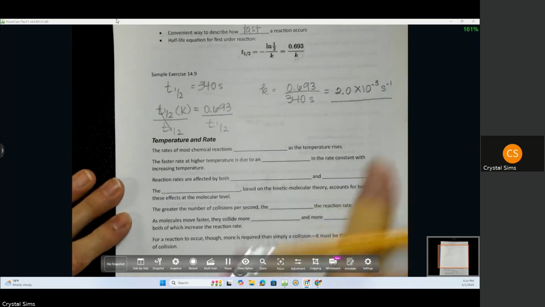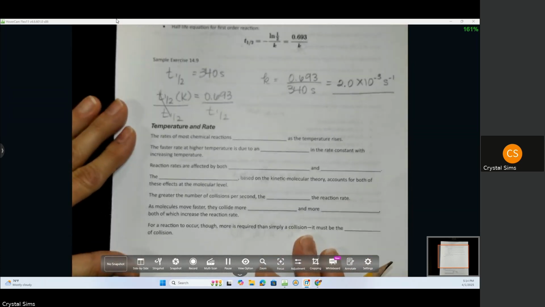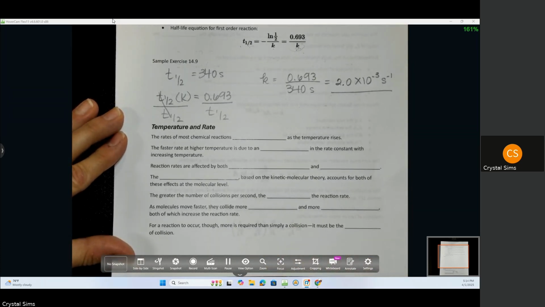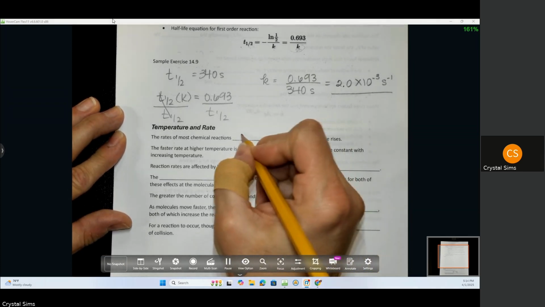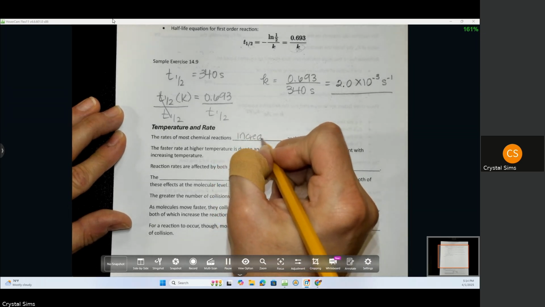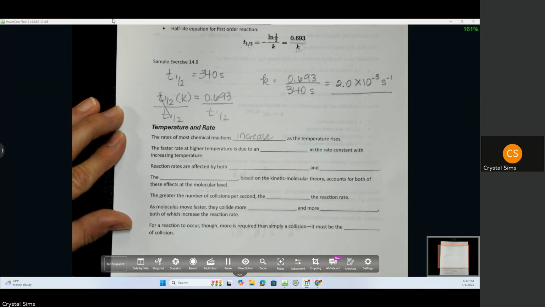The next section gets into temperature and rate. So remember that temperature is one of the factors that can influence reaction rate. The rates of most chemical reactions, as we've already mentioned, are going to increase as the temperature rises.